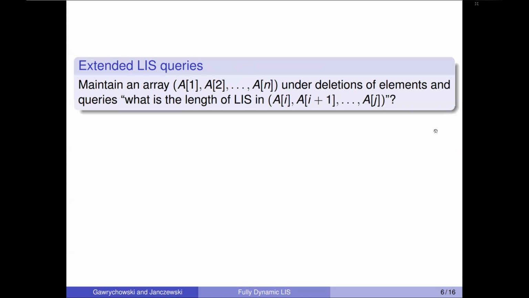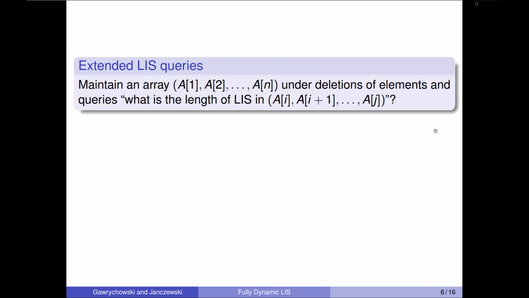And so to do this, we need to actually consider more general queries. Let's call them extended LIS queries. And by that, I mean that we need to be able not only to report the length of the global LIS in the whole array, but we can also be queried about the length of LIS in any subarray.